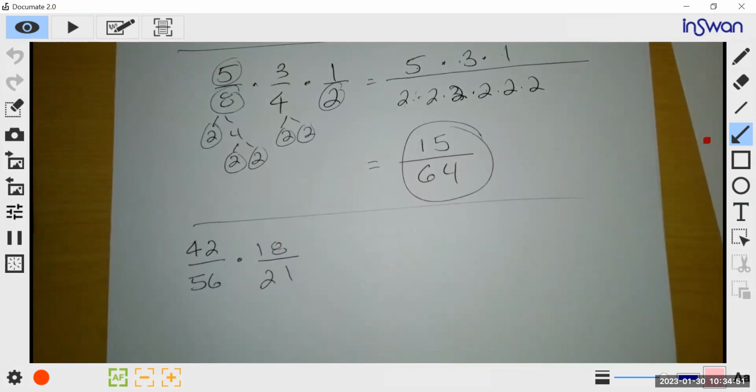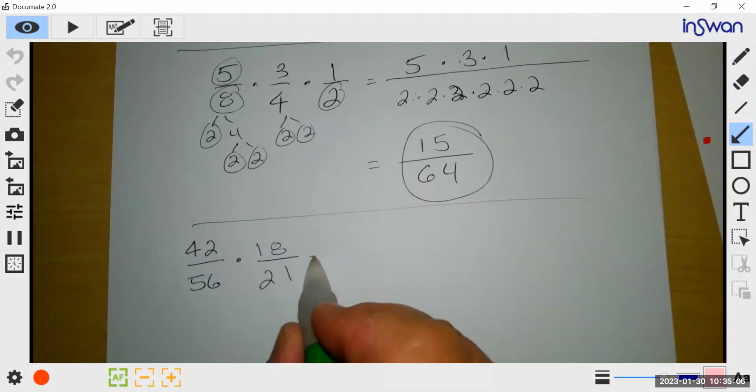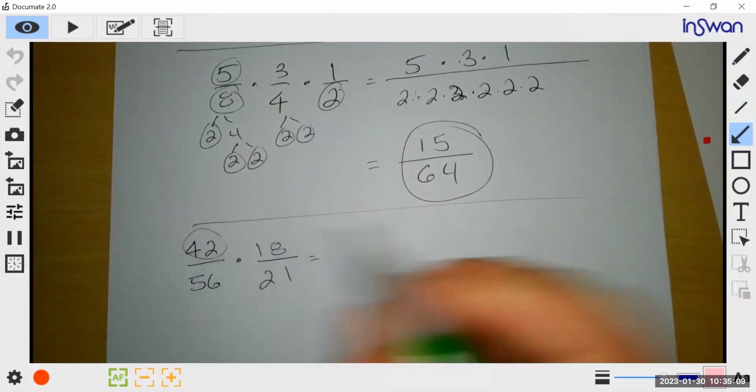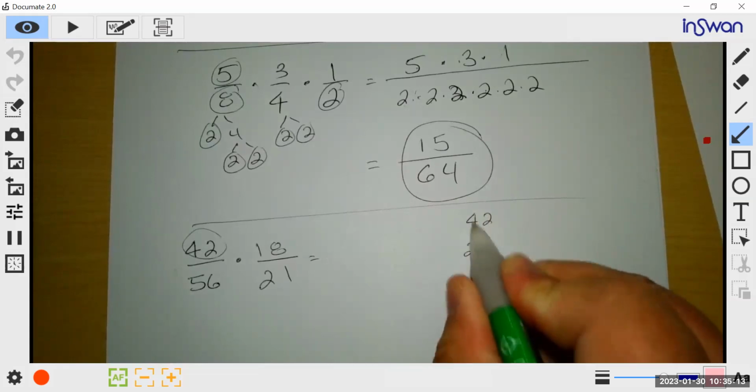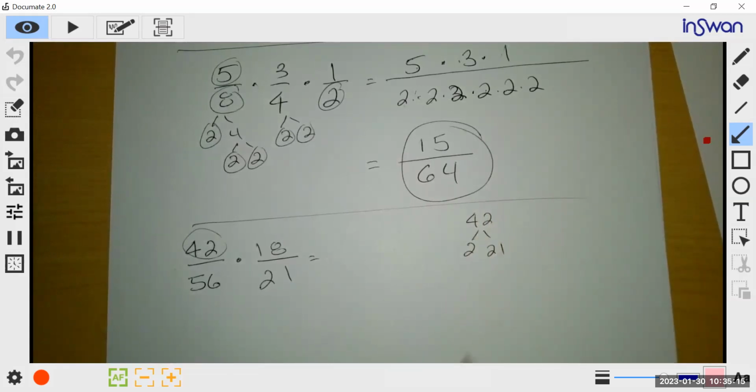How about those? Where would you start first? Prime factorizing. So what's 42 made up of? 2 times 21. 21 is 3 times 7.